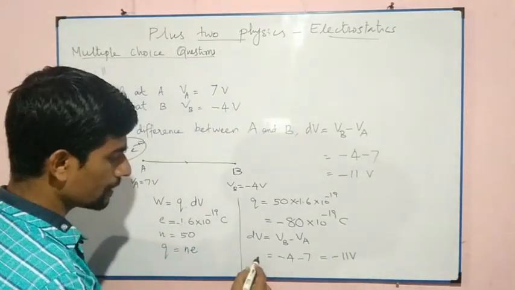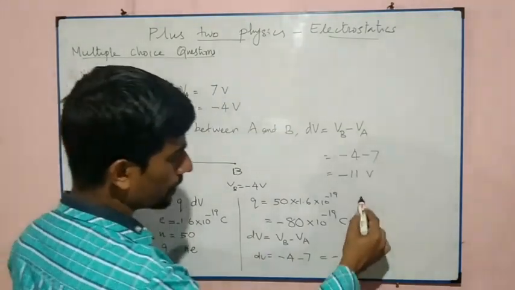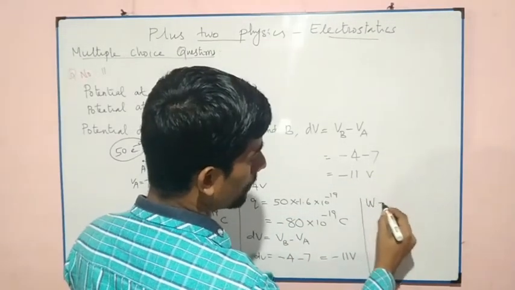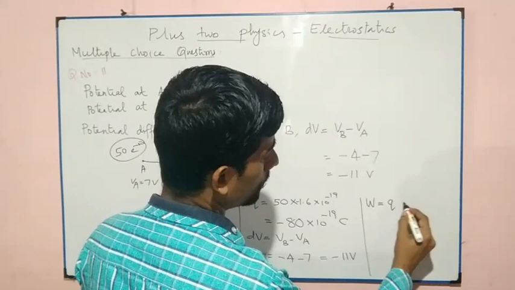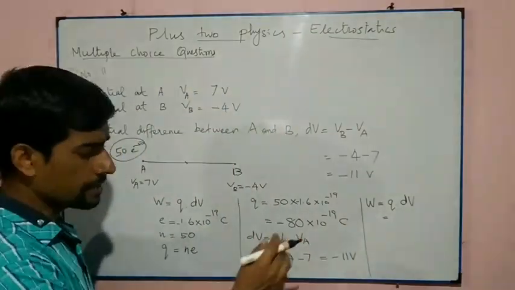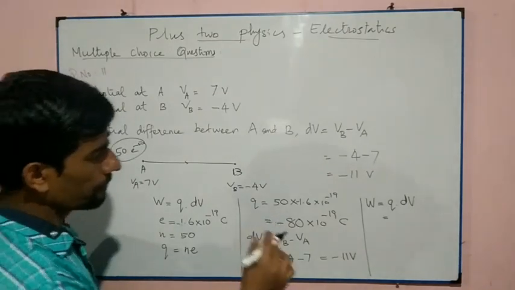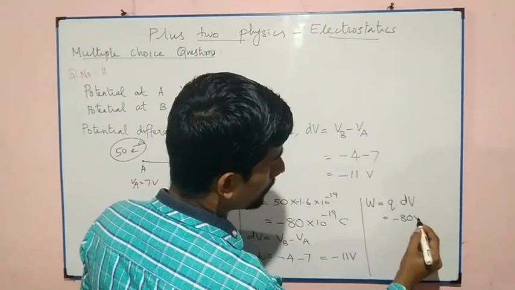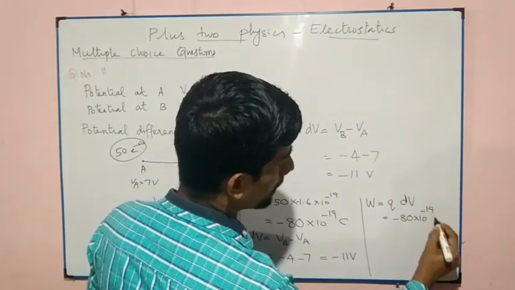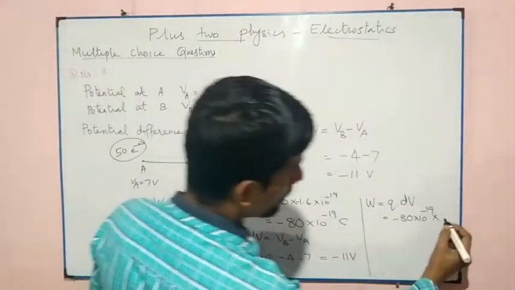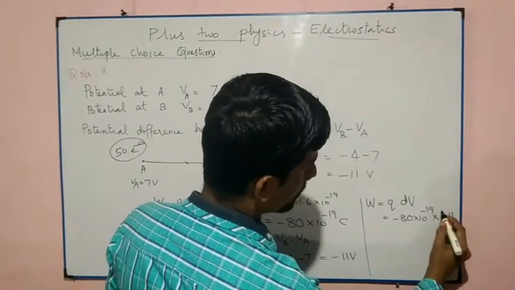Now we have the charge and also the potential difference. What is the formula to find the work done? Work done is equal to charge into potential difference. Charge is given, that is minus 80 into 10 power minus 19, into potential difference, minus 11.